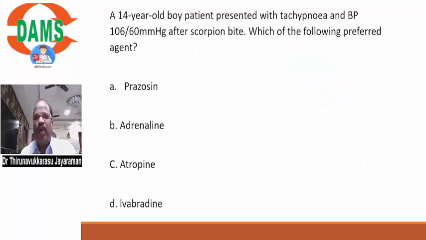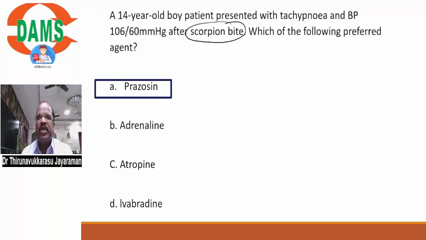A 14-year-old boy presents with tachypnea and BP 160 after scorpion bite. Which is the preferred agent? Remember, scorpion bite means the best choice is an alpha 1 blocker like prazosin, because prazosin not only controls the scorpion bite mediated catecholamine induced vasoconstriction, it also controls the biochemical and endocrine manifestations of scorpion bite.